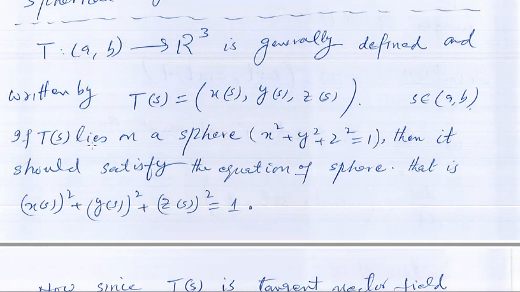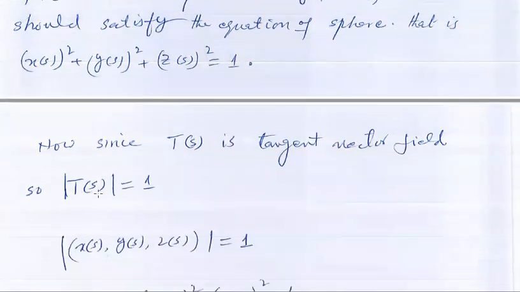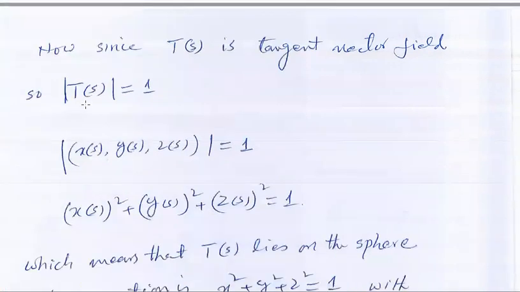And if T of s lies on this sphere, then it should satisfy the equation of the sphere, that is x of s square plus y of s square plus z of s square is equal to 1. And since T of s is a tangent vector field, the magnitude of T of s is equal to 1.